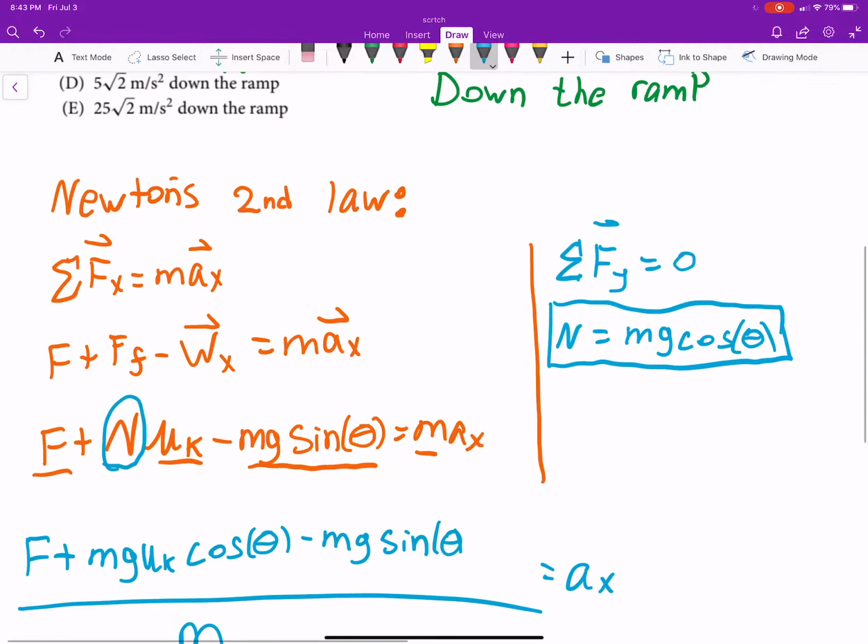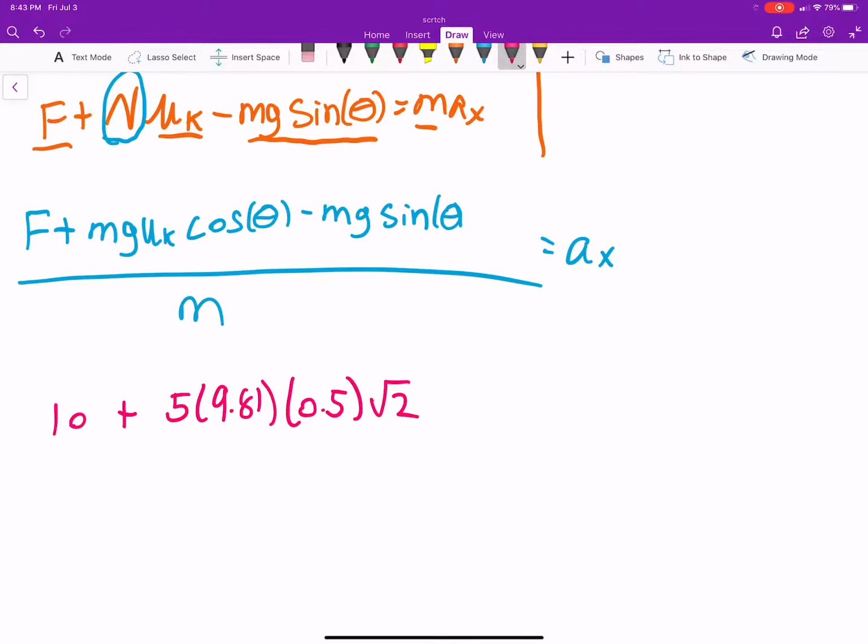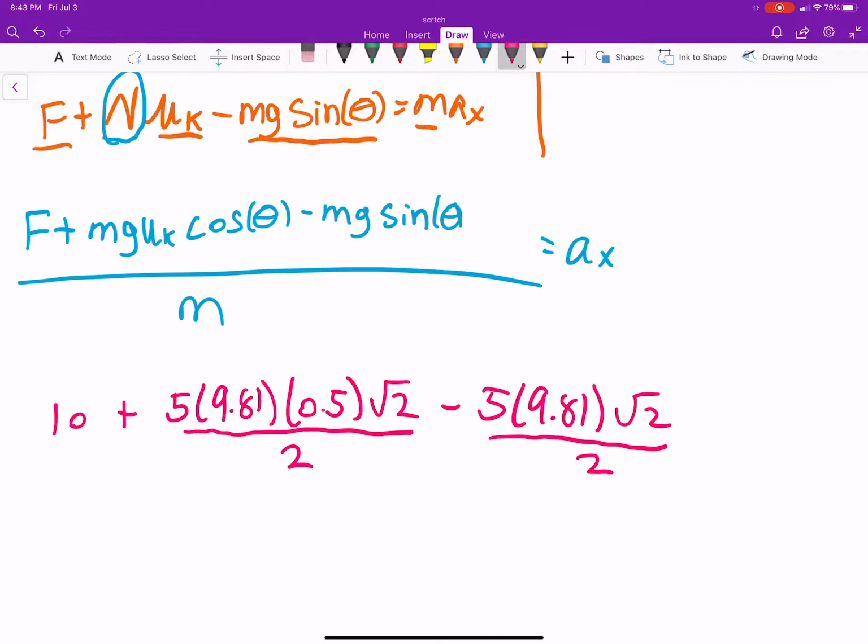So the applied force is 10. So we have 10 plus 5 times 9.81 times 0.5 times cosine of 45, which is root 2 over 2, minus 5 times 9.81 times sine, which will be the same thing, all over 5.